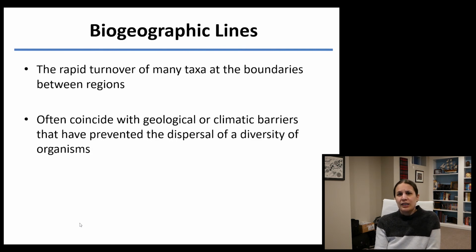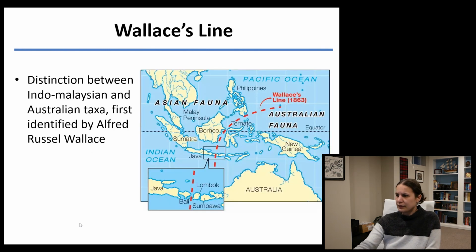So those barriers are important for creating those biogeographic regions. If you start to look at the boundaries of the different biogeographic regions, you can start to identify key barriers that can be used to explain why those regions are different. One example of a biogeographic line, one that divides Indo-Malaysia from Australia, is called Wallace's Line. You can see it, it's the dotted red line on this map.